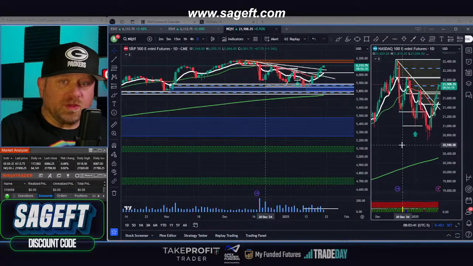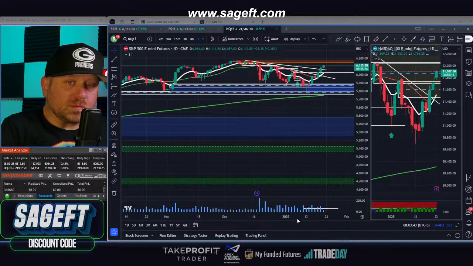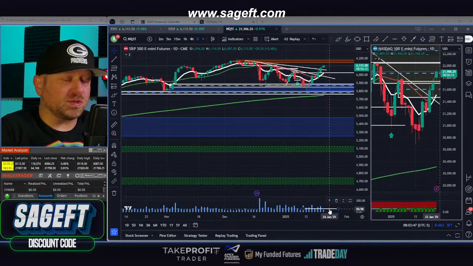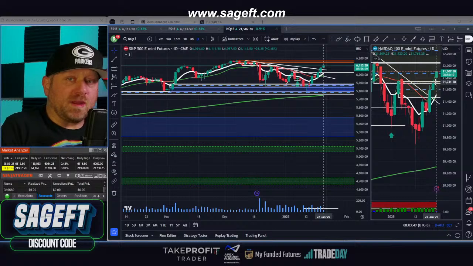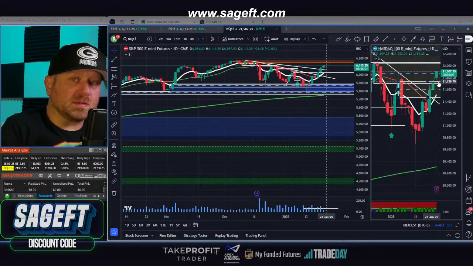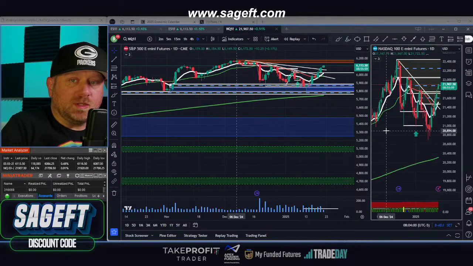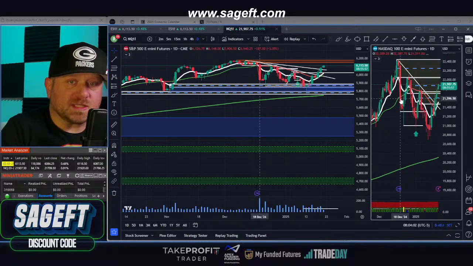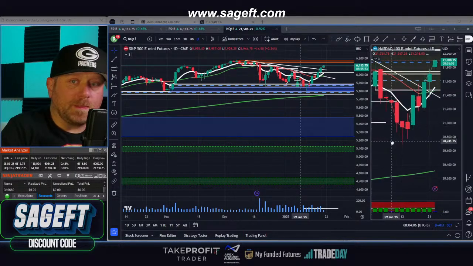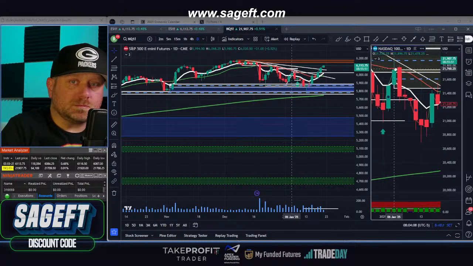Let's take a look at the charts. The first thing that I want to point out, aside from being inside the narrowest range of the last 7 trading days, so we'll be using the Keltner channels on a 2-minute chart, we have a massive gap and run on the daily chart of the NQ. Now, the NQ is just now getting past its first hurdle, which is the external liquidity here.